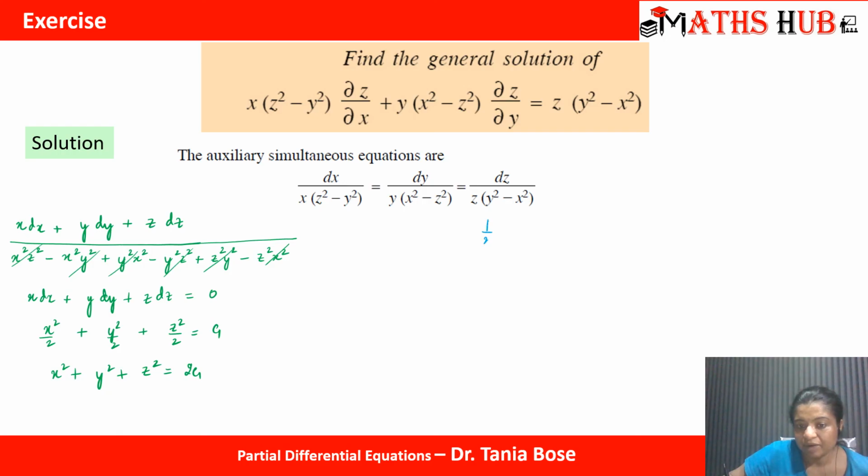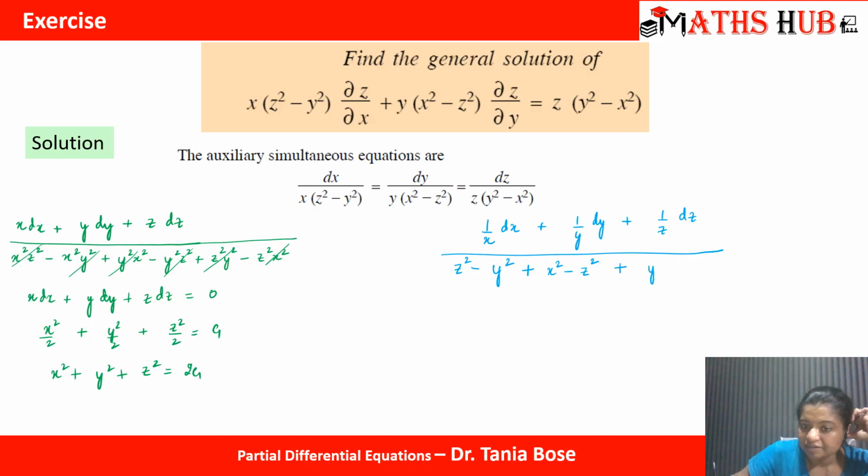Let us see. 1 by x dx plus 1 by y dy plus 1 by z dz upon, when I multiply the first term with 1 by x and x cancels, we are left with z square minus y square, plus we are multiplying the second term with 1 by y, so we will get x square minus z square. And when we multiply the third term with 1 by z, we will get y square minus x square. So can we again see the terms are getting cancelled, right?